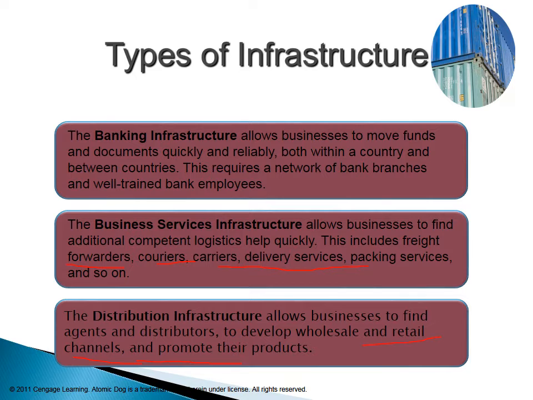So when a company enters a new country or a new area, they try to piggyback on the existing distribution infrastructure. So that's important. If it is not there, then it becomes a greenfield project, which is enormously time consuming, and economically that may not be viable.